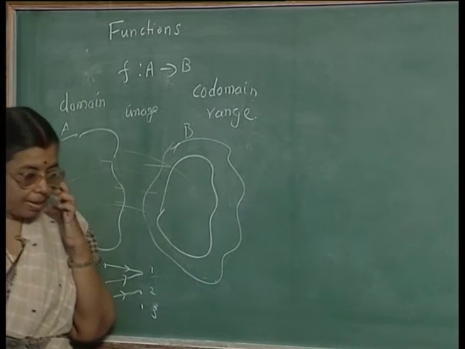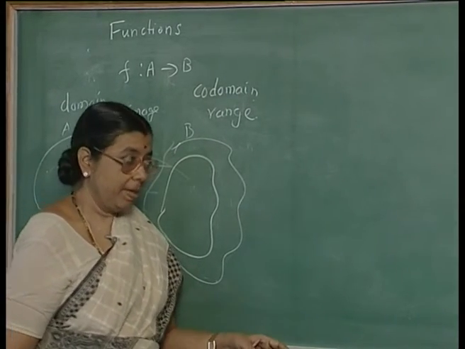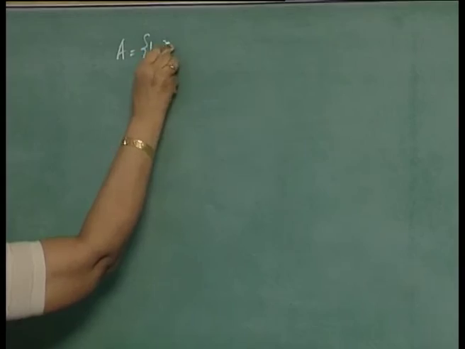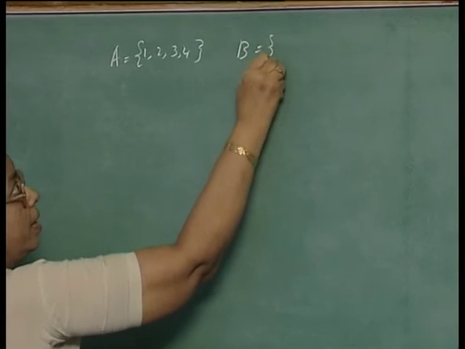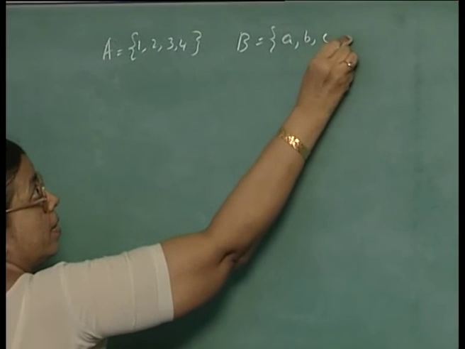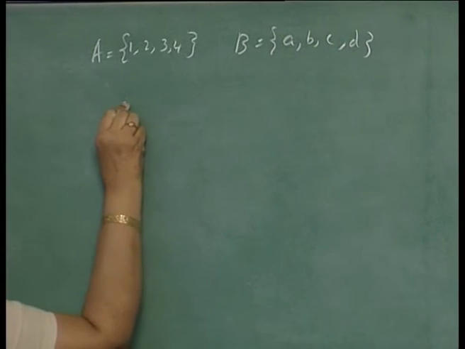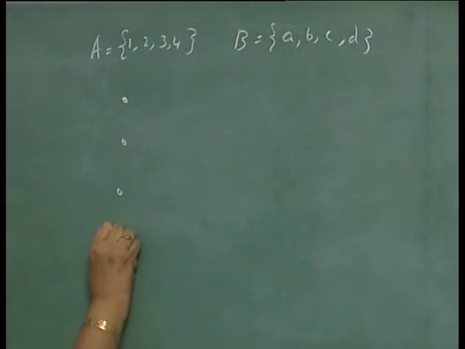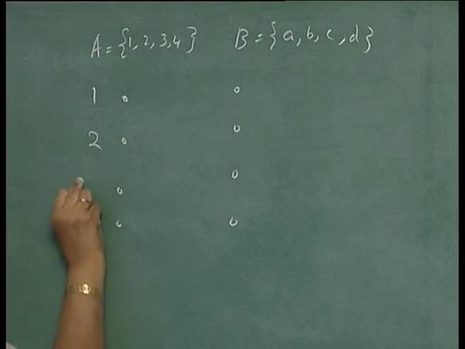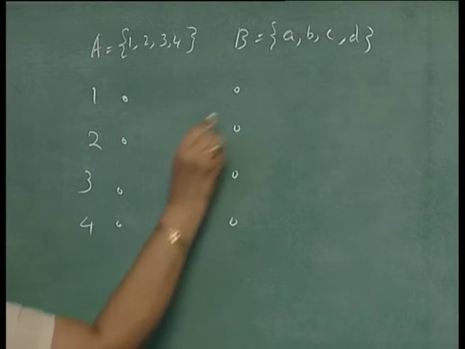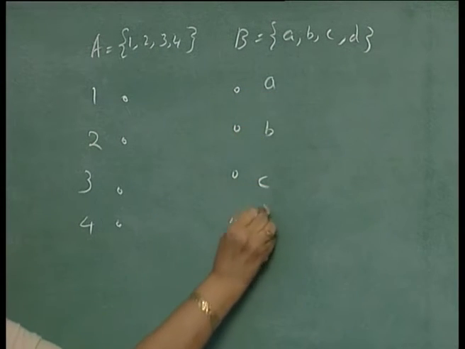Now, let us consider some examples to explain this concept. Suppose you have a set A equal to 1, 2, 3, 4 and a set B equal to a, b, c, d. So, you have something like this: 1, 2, 3, 4, a, b, c, d.